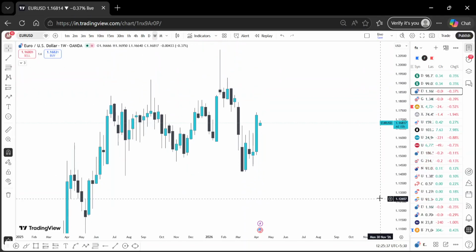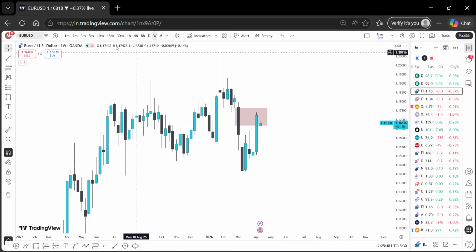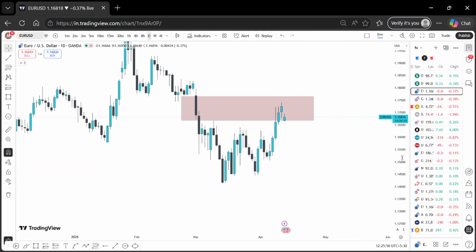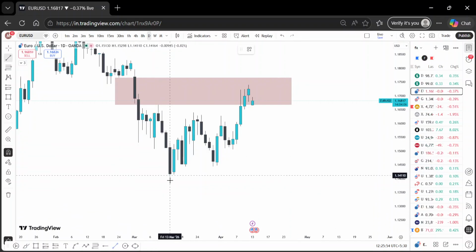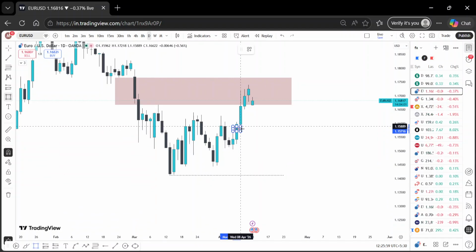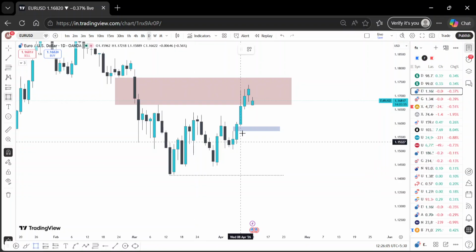Same weekly time frame. I'm bearish here in the weekly time frame, but in the daily time frame I am bullish here, and we have these two fair value gaps.